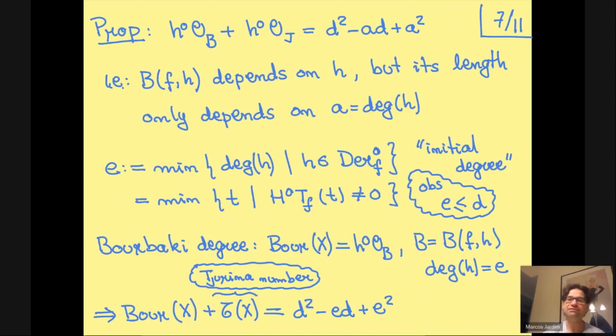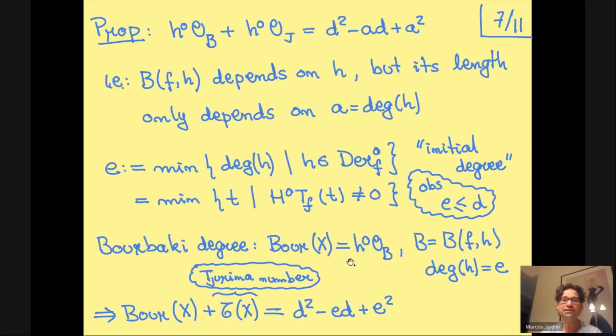Since you always have these Koszul derivations, this initial degree is always smaller or equal than D. Right? Remember, the degree of f is D plus 1. And what we call the Bourbaki degree of the curve, this is our definition now, is the length of the Bourbaki scheme when you take a derivation of smallest possible degree.